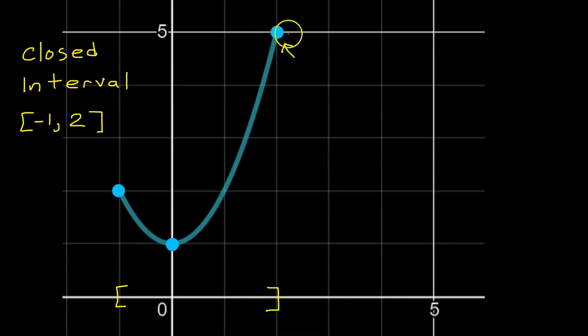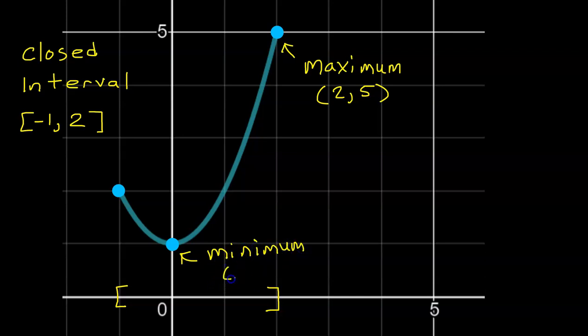All right, the maximum is the endpoint because this is the highest point of the function. So we would say this is the maximum. And I'm just going to go ahead and say 2, 5. And the minimum is right here at the point 0, 1.